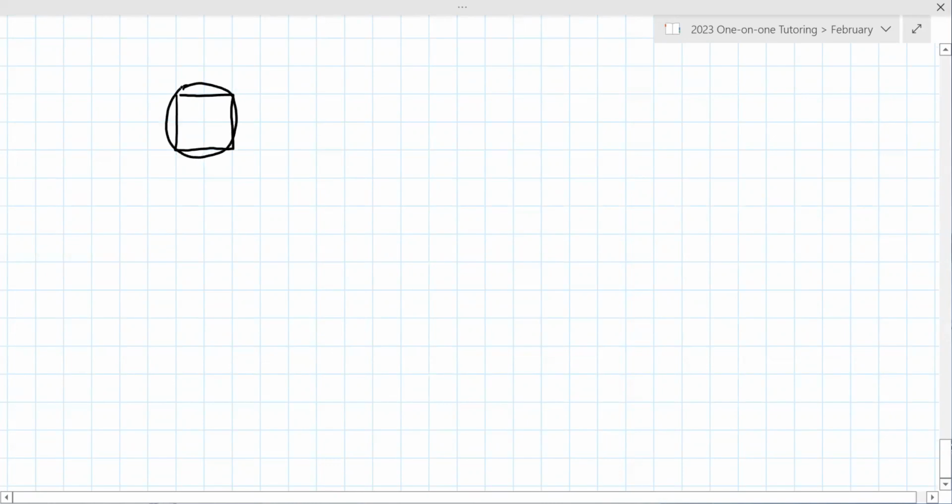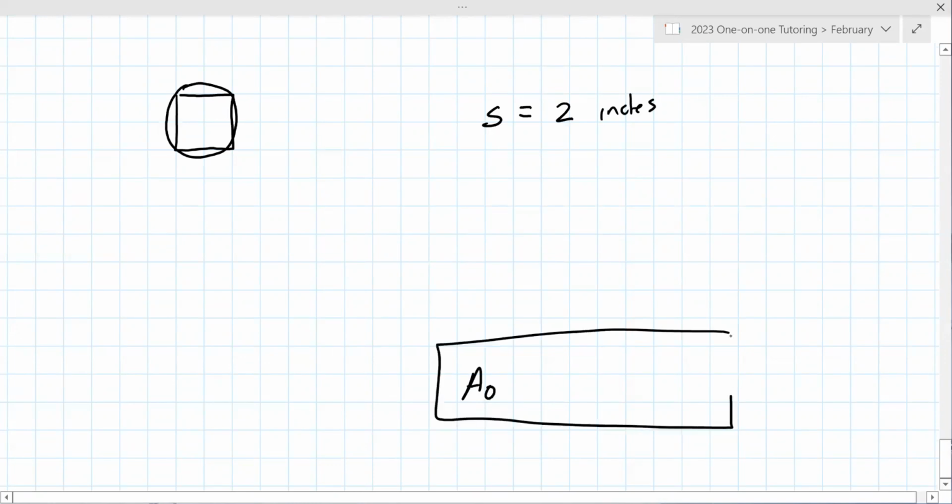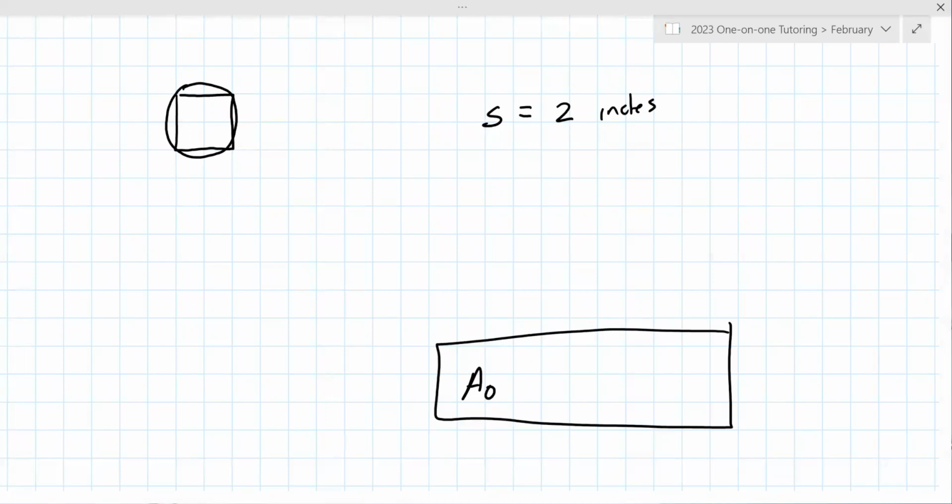All right. So here's a new problem for you to try. This is a square inside a circle. Let's say the square has a side length of 2 inches. I want you to give me the area of the circle as your final answer, please. Okay, so first, I need to half it. 2 of 2, I do 4 and 4, and then I do 2.